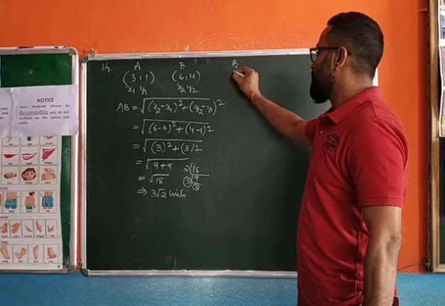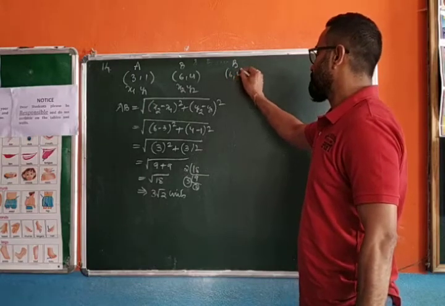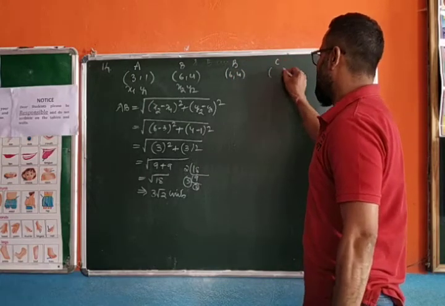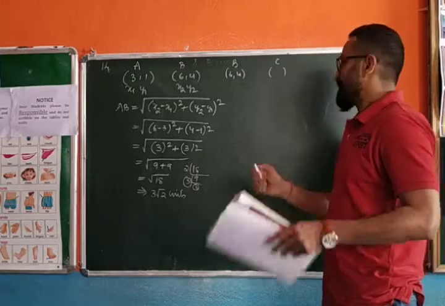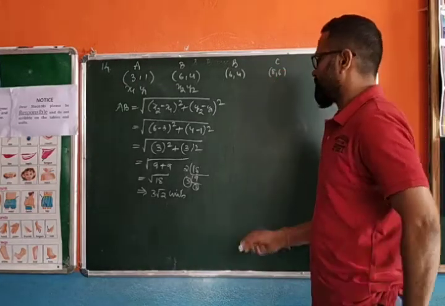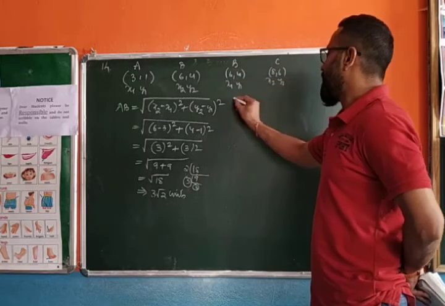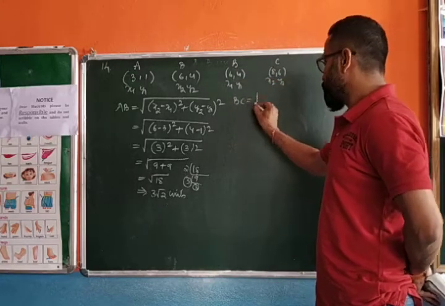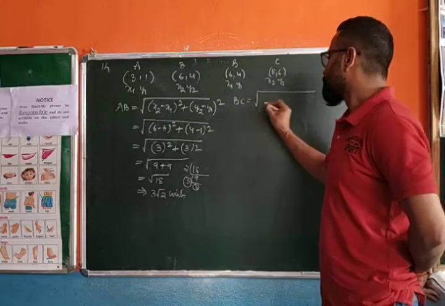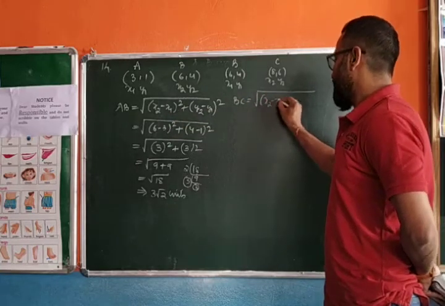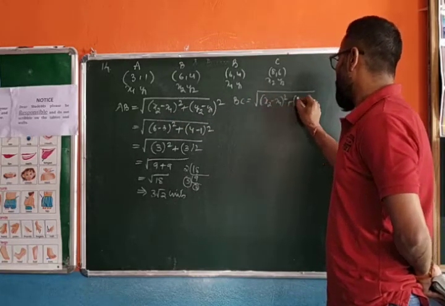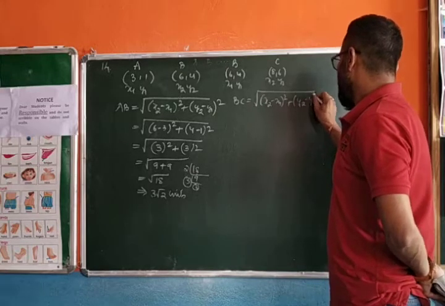Similarly, we calculate distance between B and C. C has coordinate 8, 6. So we use x1, y1, x2, y2. Find distance BC using the same formula. x2 minus x1 whole square plus y2 minus y1 whole square.